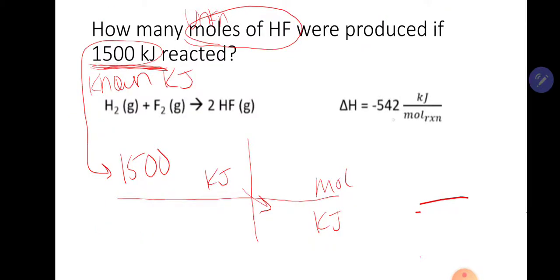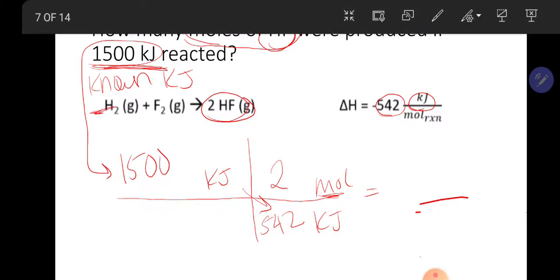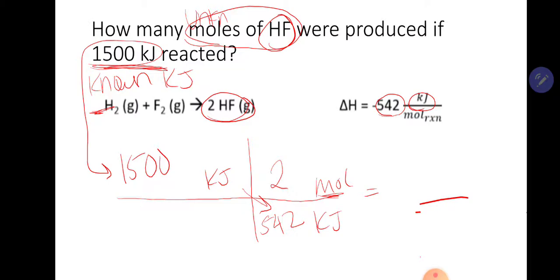So let's see. My enthalpy, my kilojoules, we're going to do 542. I'm going to drop the negative because I'm solving for moles. And if I'm looking for HF, there's 2 moles of that. So I'm going to put a 2 right there. If I was doing H2, I would use a 1 because there's no number there, but I'm not, so I'm going to use 2.